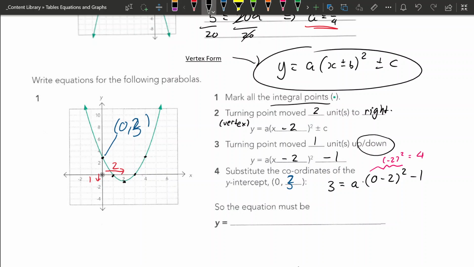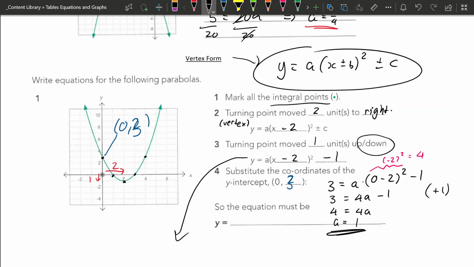So we have 3 equals 4a minus 1. All right, so let's move that minus 1 by plusing 1 on both sides. So 4 equals 4a, which means that a equals 1. So a is 1. All right, almost done.